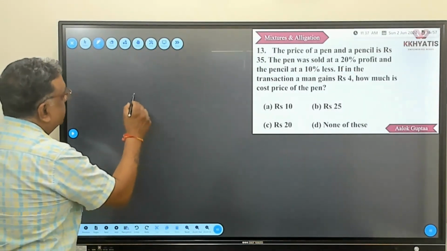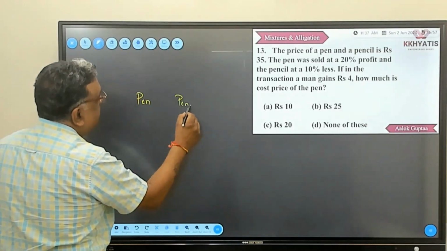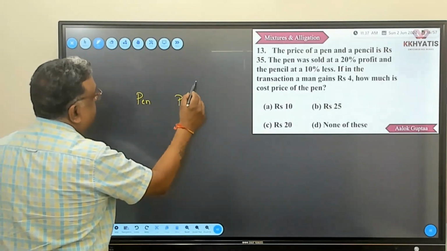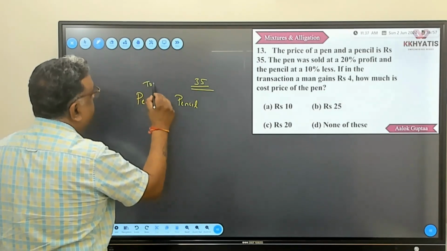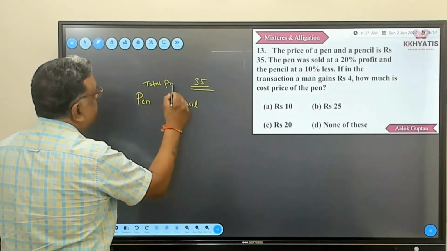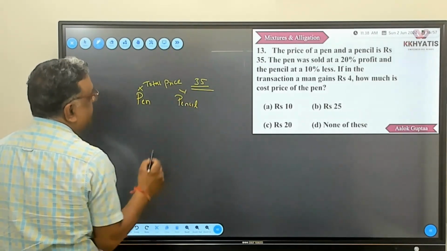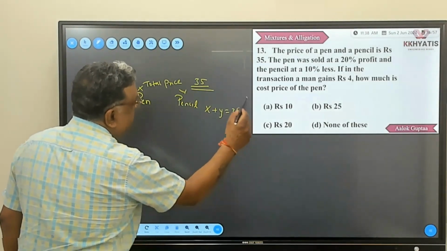There is a pen and a pencil. The total price is given to me as 35. Okay, let me assume this is X and this is Y. So I've been given X plus Y is 35, right?